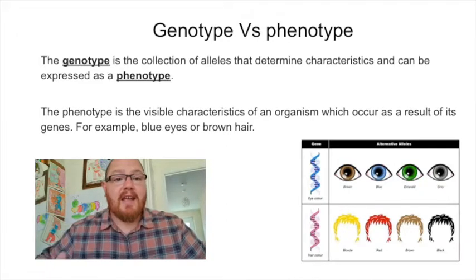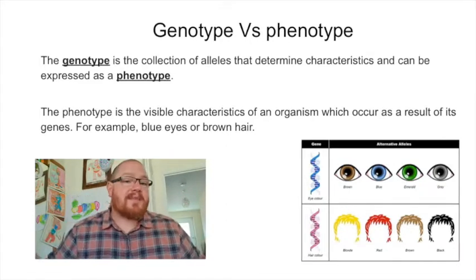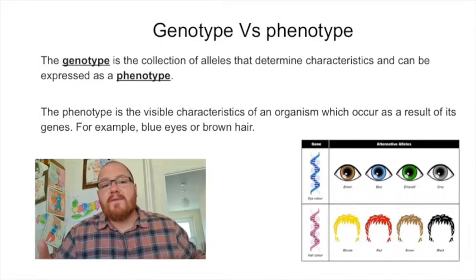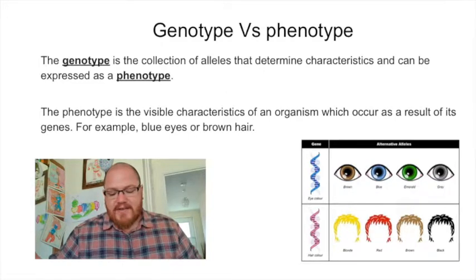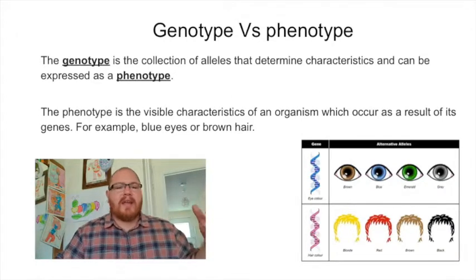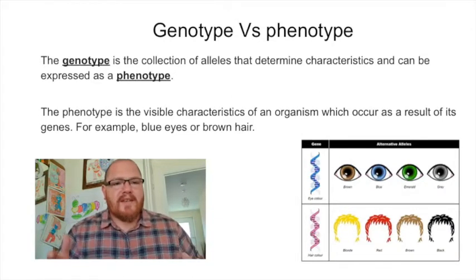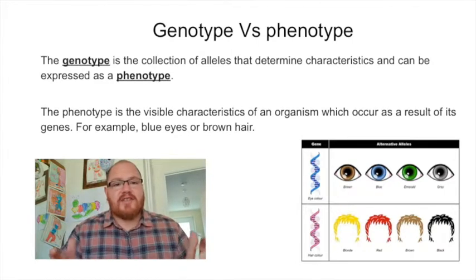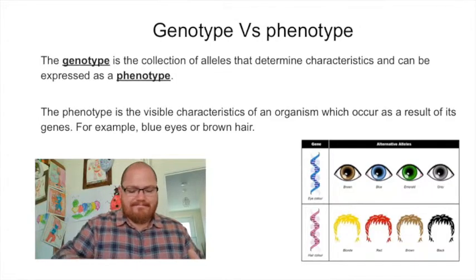So if I say it's a 50% chance of me having green eyes, then that's the phenotype. It's the characteristic. The phenotype is a visible characteristic. Brown hair, blonde hair, I'm talking about a phenotype. But when we're talking about letters, which we will do, that's your genotype, your gene.